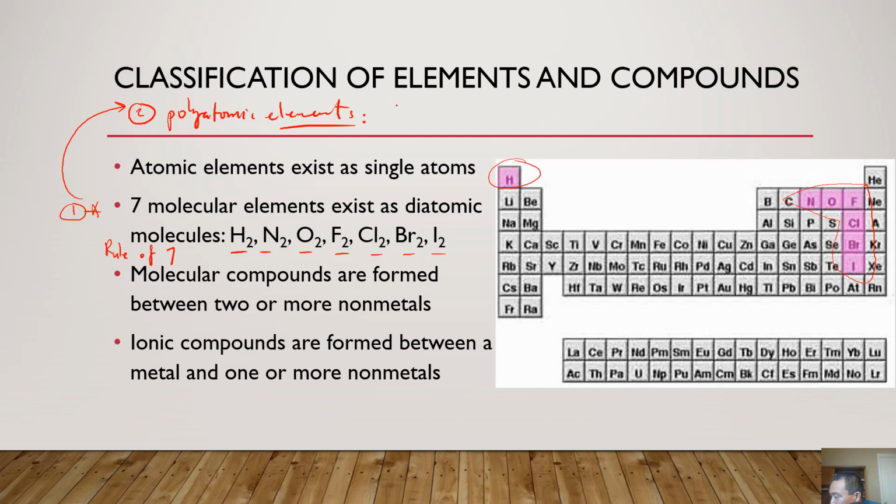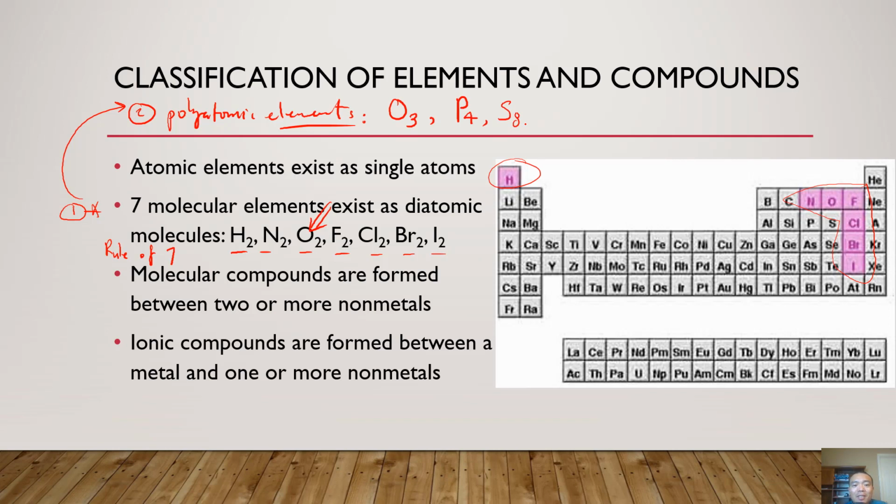For example, oxygen is diatomic, but it does not exclude the possibility of a triatomic, which is one of the polyatomic. So oxygen is kind of special. It can be diatomic, it can also be triatomic. And phosphorus is actually P4, and sulfur is S8. So that's the only 3 that you need to memorize.